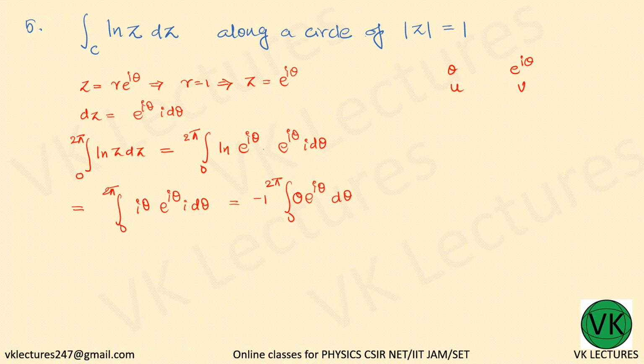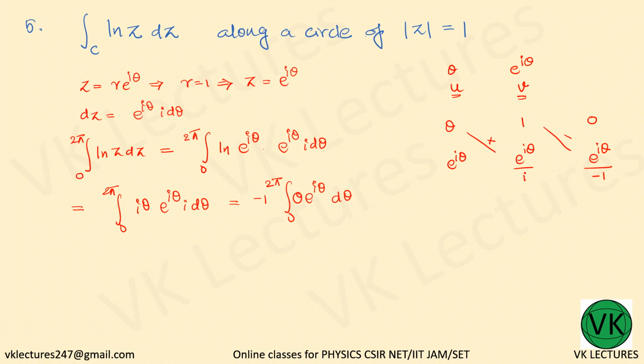Let's take u as theta and v as e to the power i theta. First derivative is 1, second derivative is 0. For e to the power i theta, first integral is e to the power i theta by i. Second integral is e to the power i theta by minus i into i, that is minus 1.